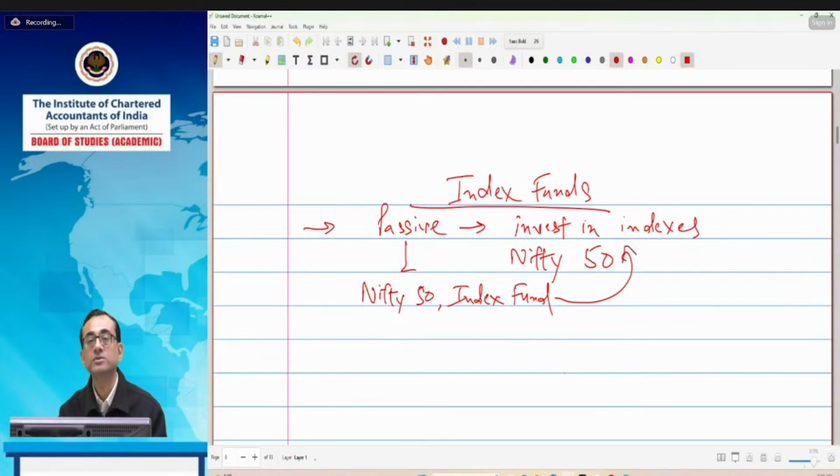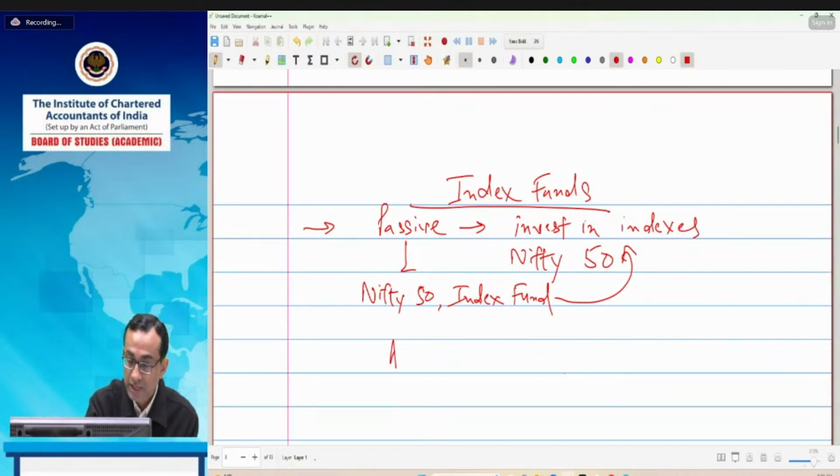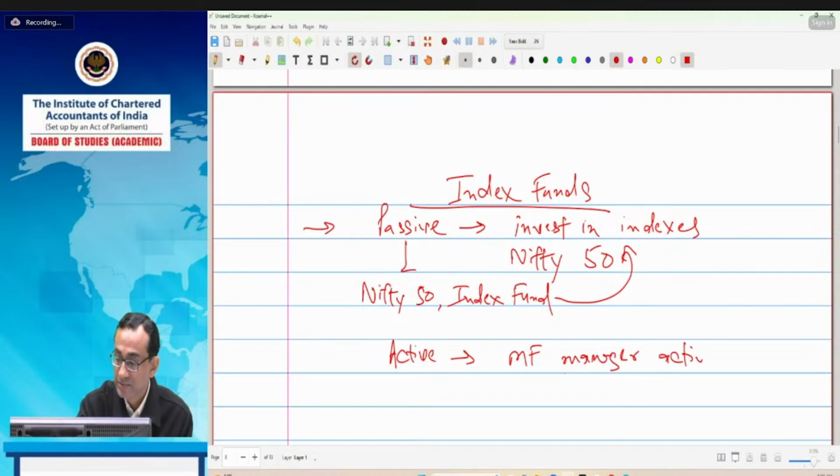So the work of the mutual fund manager will be less. They will not have to do proper research from time to time, or make changes in the portfolio from time to time, because they simply invest in whatever shares are there in the Nifty 50. In comparison, besides index funds, others are active funds. In active funds, the mutual fund managers actively participate.